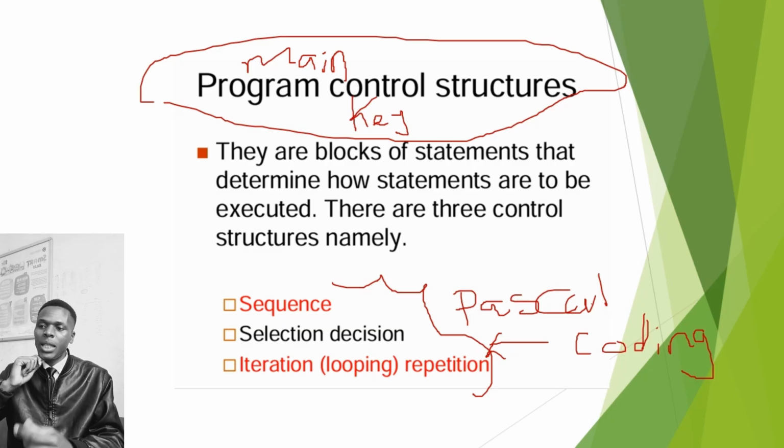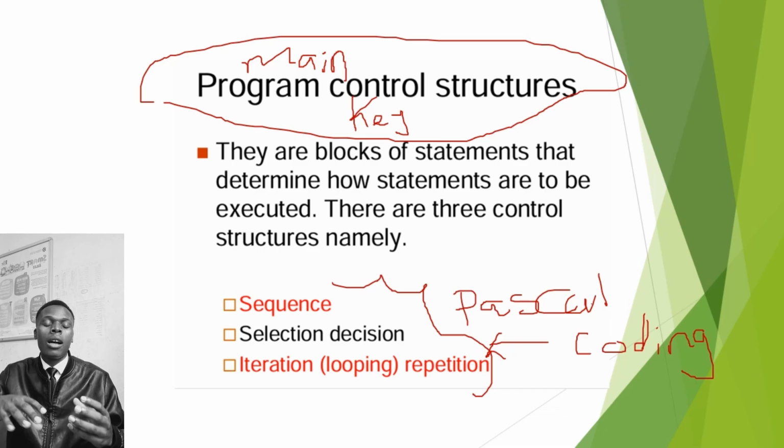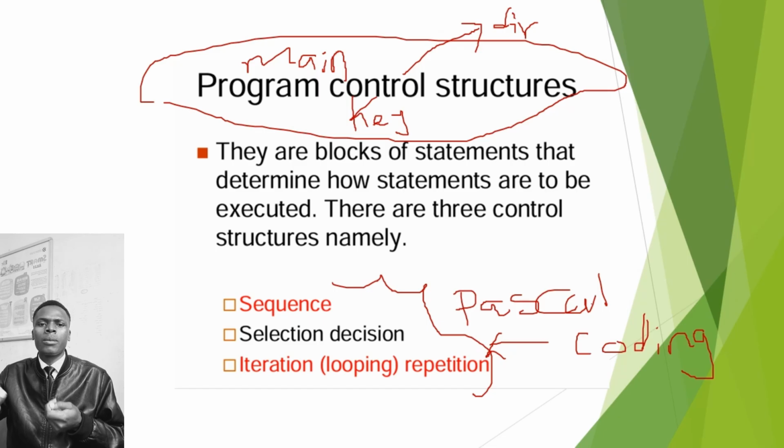So what are these control structures? These control structures mostly help the programmer to execute. Remember, it is all about controlling, as the term says. So what is controlling in basic terms? Controlling is directing.